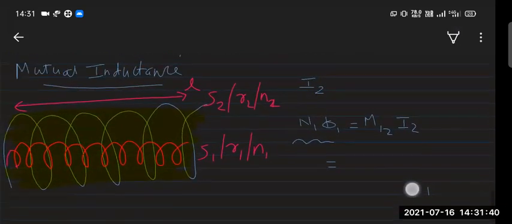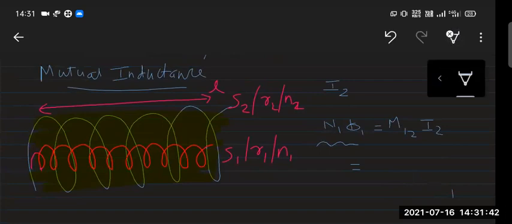So I will calculate N1 phi 1 separately. That will be equal to what? Number of turns first of all. The number of turns is N1 into L, because we know that N is the number density per unit length, so multiply by the total length.